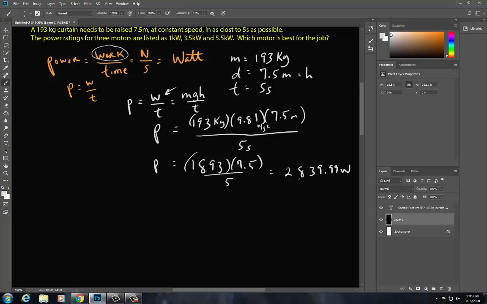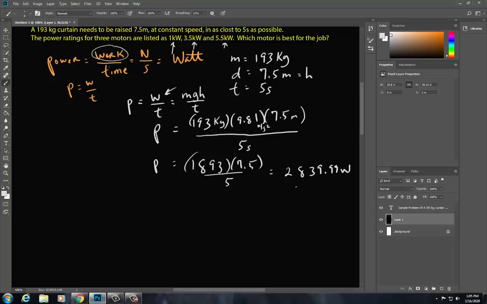Okay. Now these little k's up here, kilowatts, right? These mean 1,000. So 1 kilowatt is 1,000 watts. 3.5 kilowatts is 3,500 watts, basically. This is what we need.